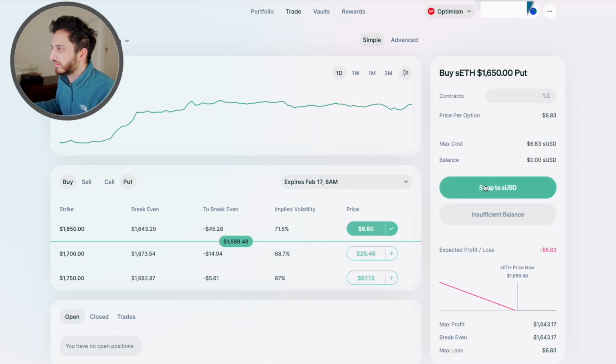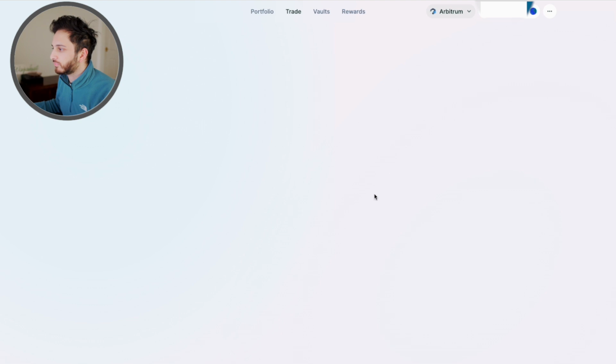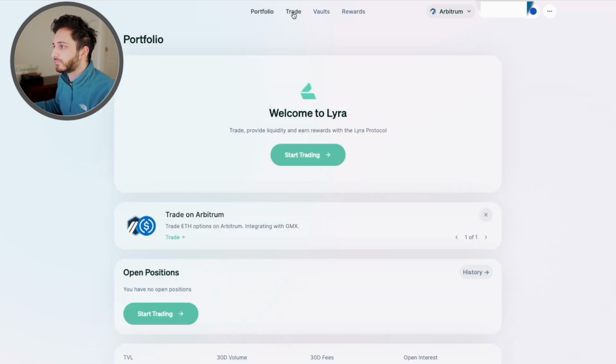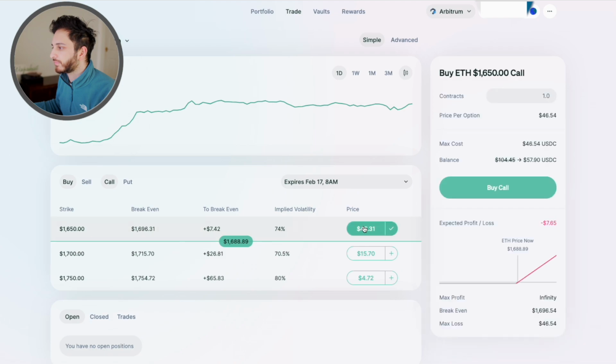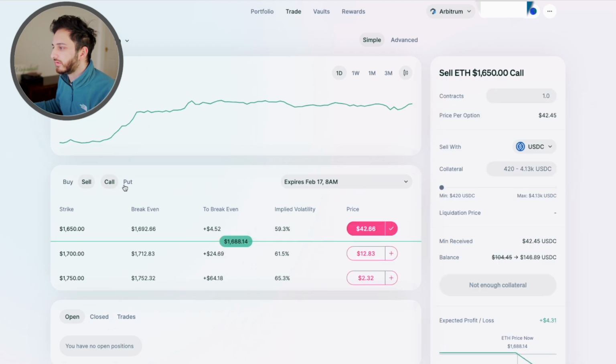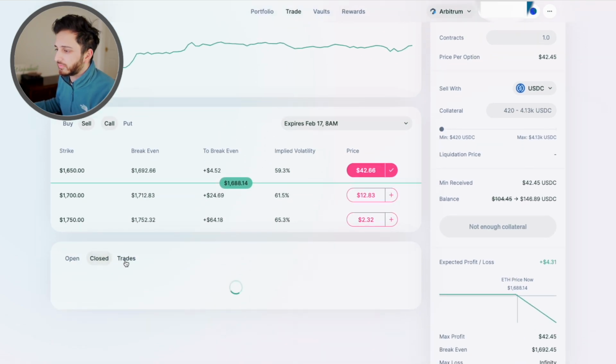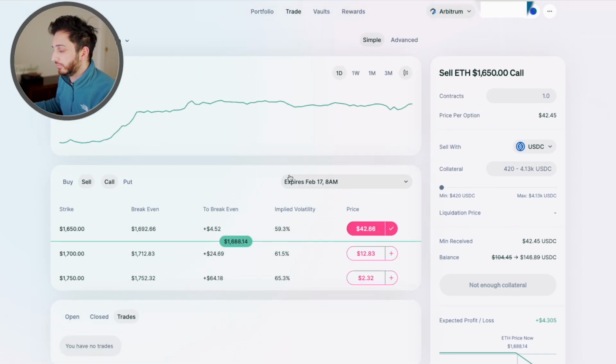You can see here SUSD, whereas on Arbitrum we are using, if this loads, USDC. So if I just go to sell, yeah, look, we're using USDC here. So that's essentially it, really. It's quite simple and easy to use.